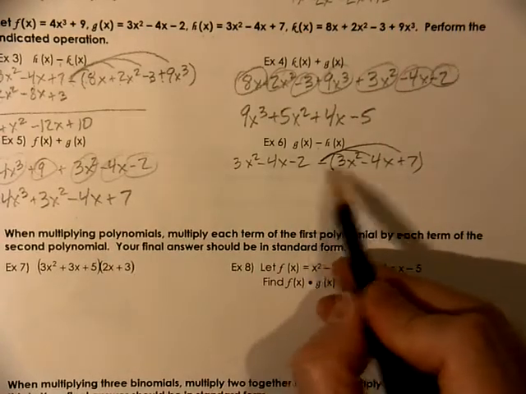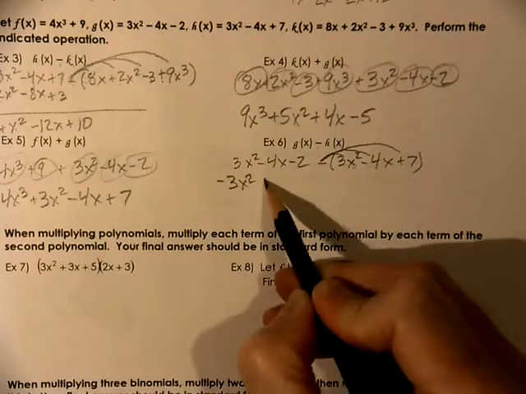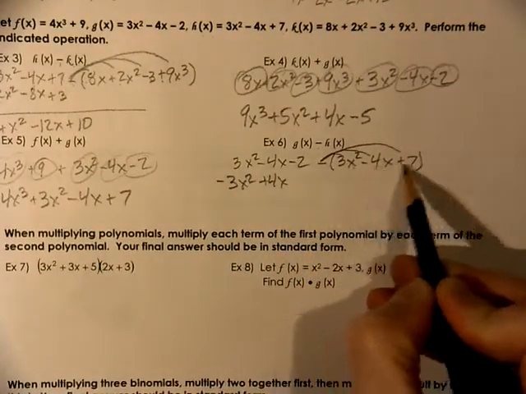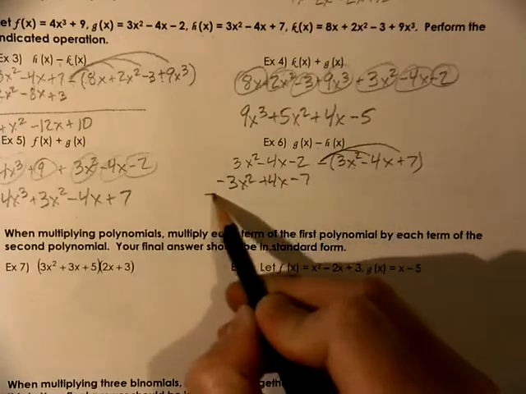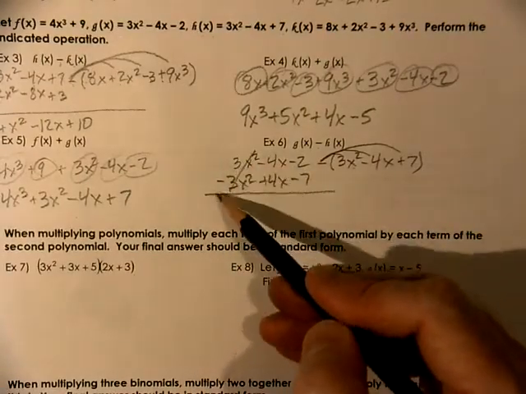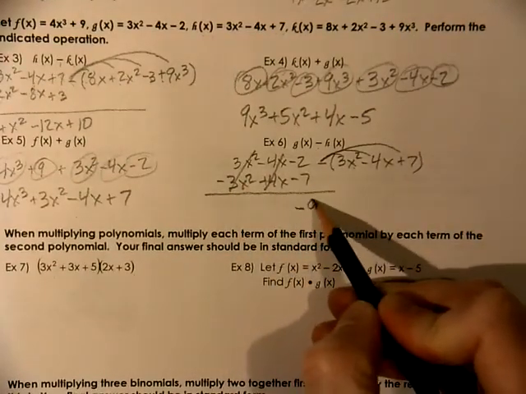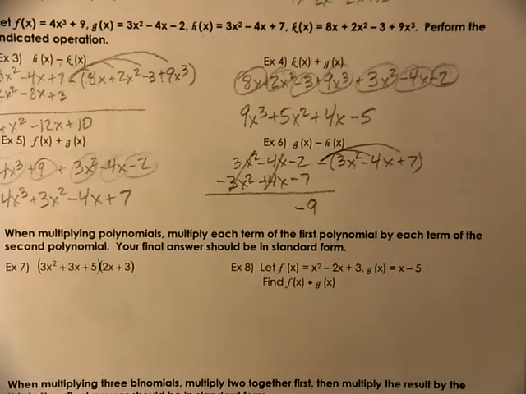To do that, we're going to have a negative 3x squared, a positive 4x, and a negative 7. Those are the same terms but opposite signs, so they cross out, and the final answer is negative 9. That's the difference between g of x and h of x.